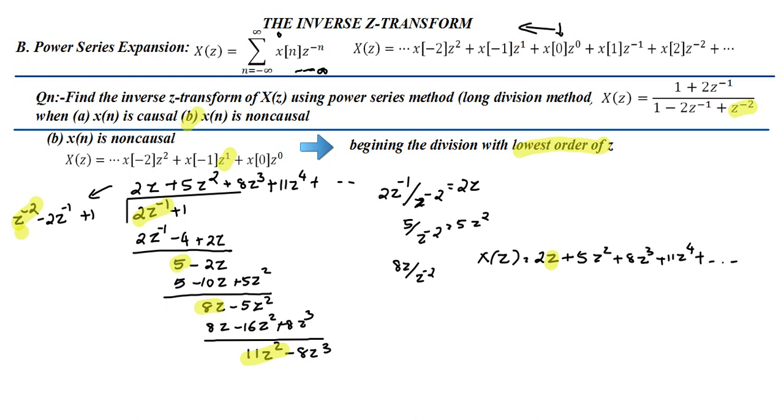So this is x of minus 1. X of minus 1 is 2, x of minus 2 is equal to 5, because z square corresponds to x of minus 2. And similarly, you can write this x of n.